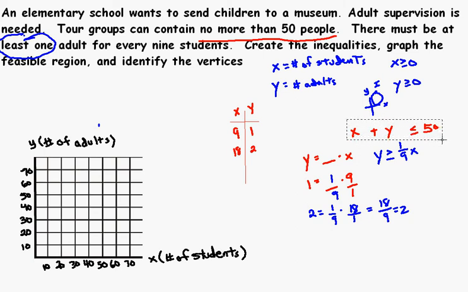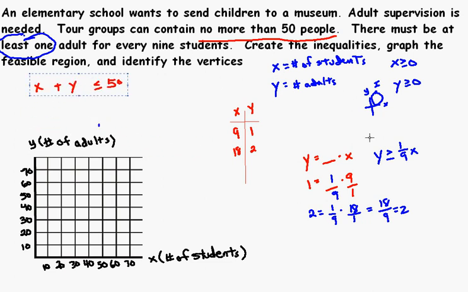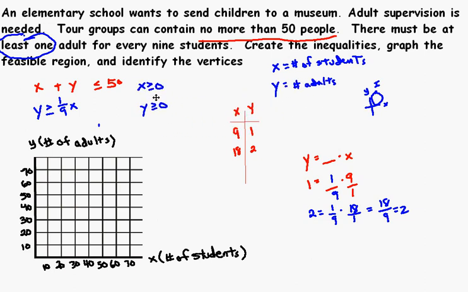The other inequality is Y greater than or equal to 1/9 X. I also have these two, X and Y greater than or equal to 0. So those are the four inequalities that I'm going to use in creating my graph. These two right here basically create this XY portion of the graph.